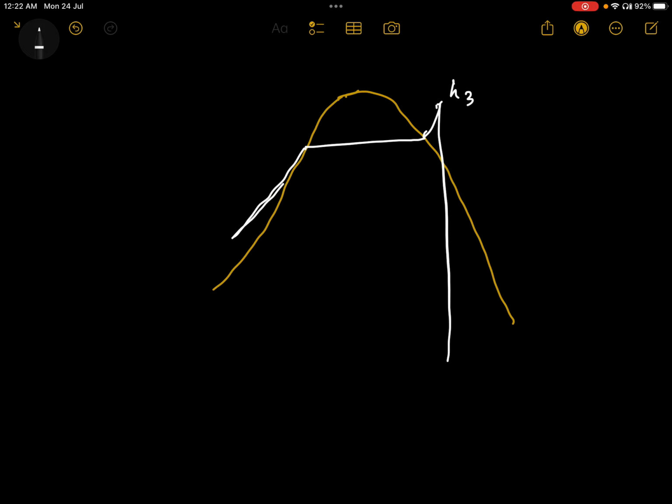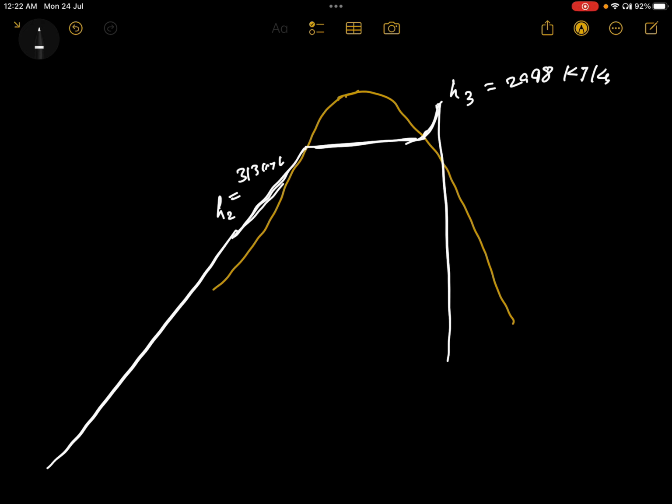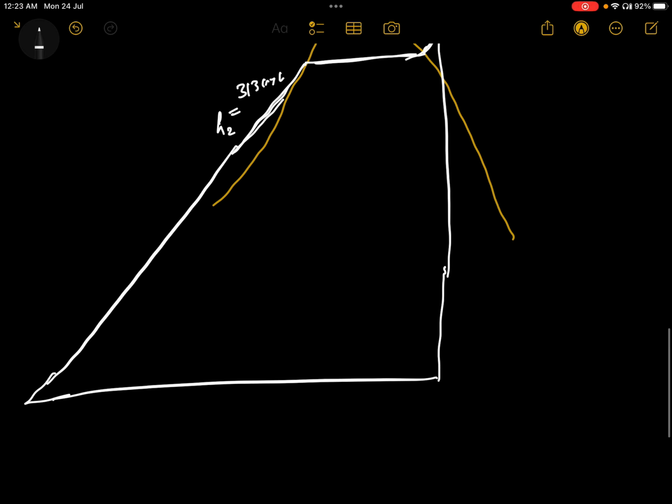Let's say here enthalpy H2 is 313 kilojoule per kg, and here it is 2948 kilojoule per kg. So here enthalpy is continuously decreasing. Till what extent will it decrease? These lines will meet somewhere, where enthalpy may be somewhere zero.